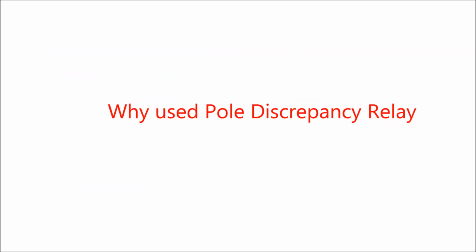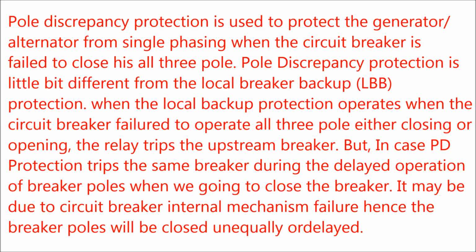Why use pole discrepancy relay? Pole discrepancy relay or protection is used to protect the generator or alternator from single phasing when the circuit breaker fails to auto reclose or reclose all the poles at the same time. Pole discrepancy protection is a little bit different from the LBB protection.